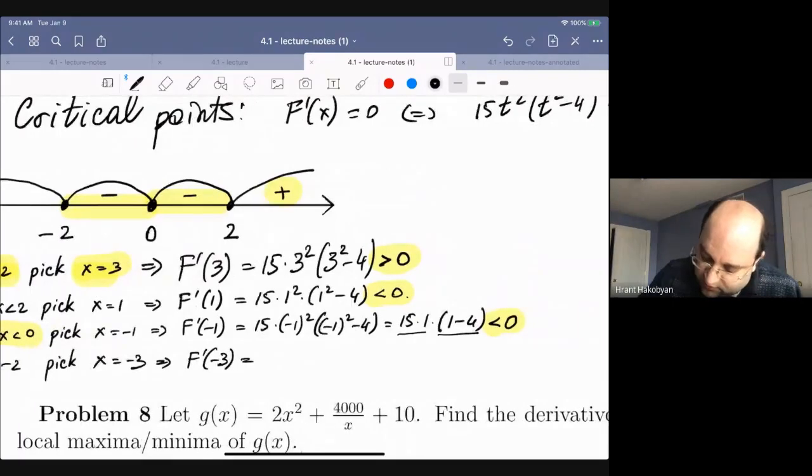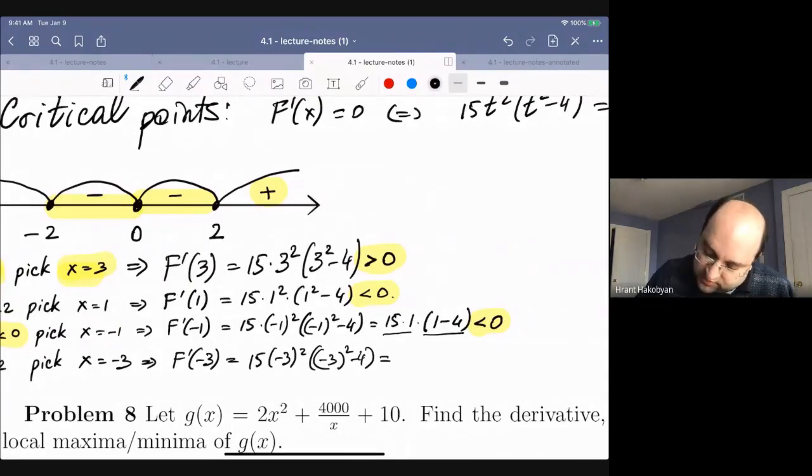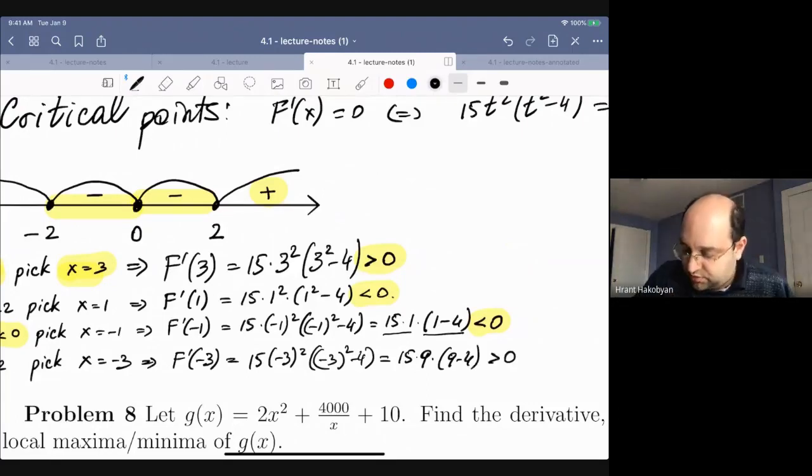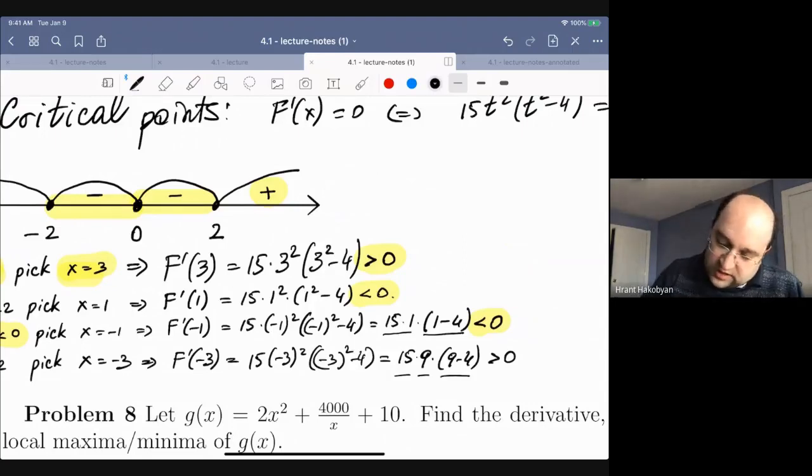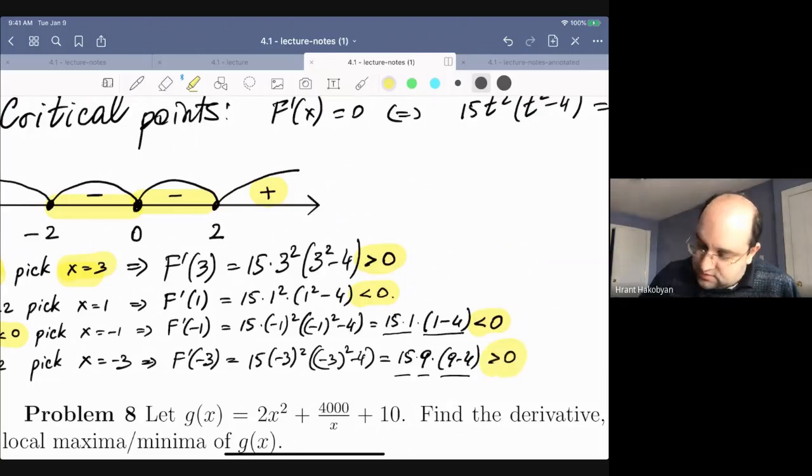That's 15 times negative 3 squared times negative 3 squared minus 4. So if you do the calculation, you'll see that it's 15 times 9 times 9 minus 4, which is positive. Okay, all the numbers here are positive, so the whole thing is positive. So again, where did I take this?